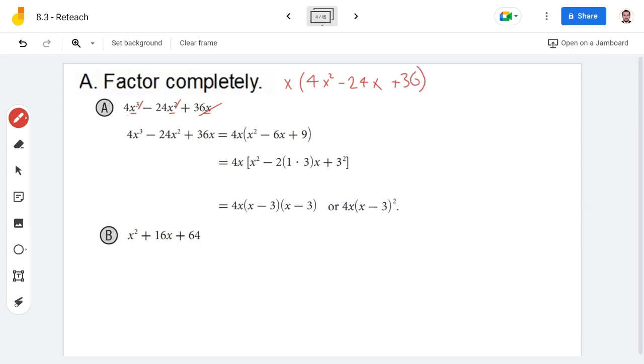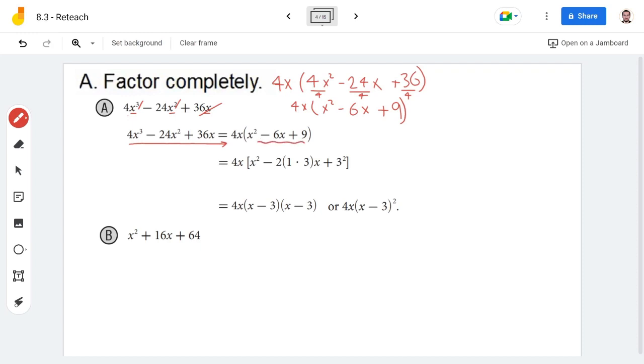Now I need to find also a common factor between all of these numbers, and the common factor is 4, because all of these numbers can be divided by 4. So it will be 4x times (x squared minus 24 divided by 4 x plus 36 divided by 4). So that's what's happening in the first step: I took x as a common factor, and I took 4 as a common factor.